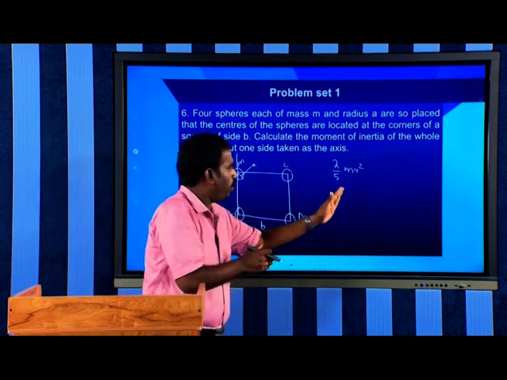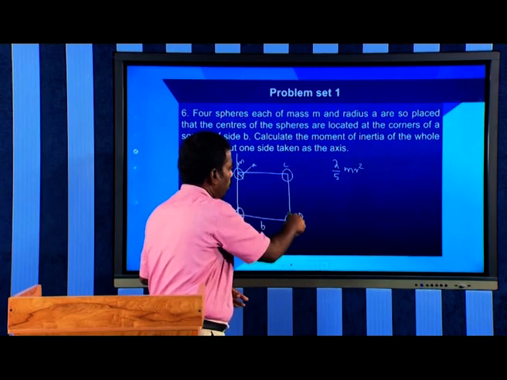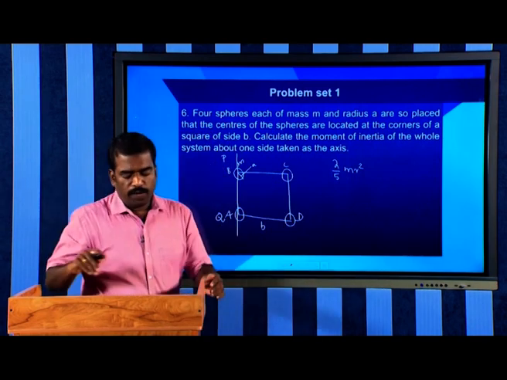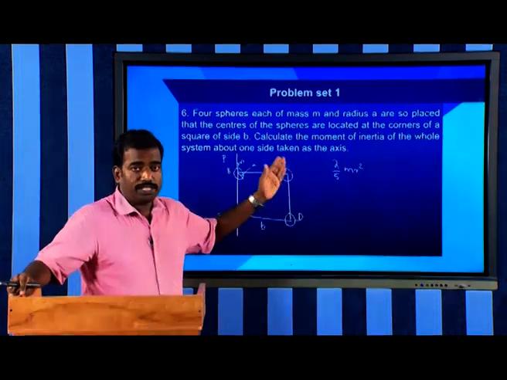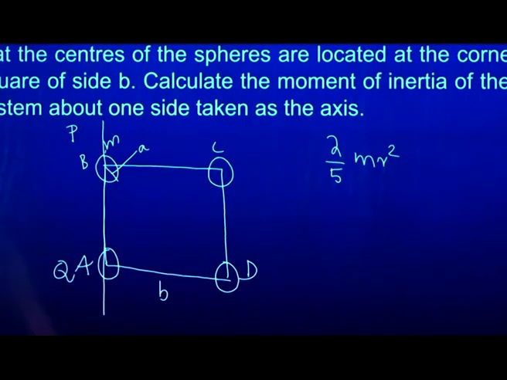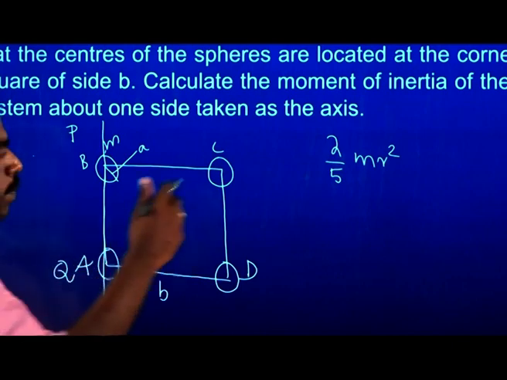Now we have the moment of inertia of C and D about an axis passing through their centers. We need the moment of inertia of C or D about the axis PQ, so we use the parallel axis theorem.